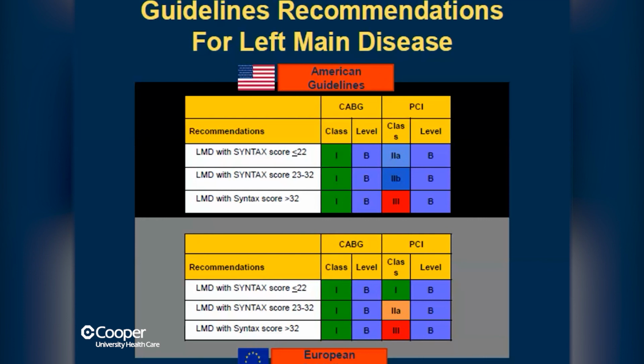The European guideline gives the low SYNTAX score class 1 for PCI. So, in summary, the treatment really depends on associated disease and clinical status, but the treatment is surgery, with PCI probably a low second choice.